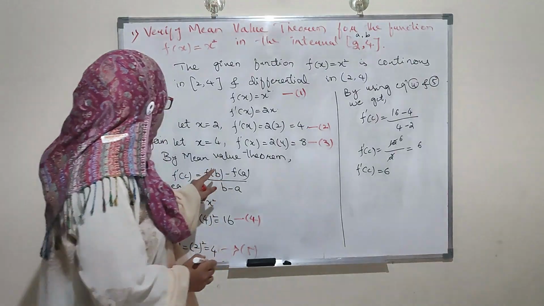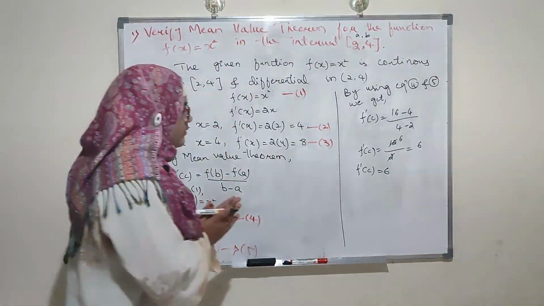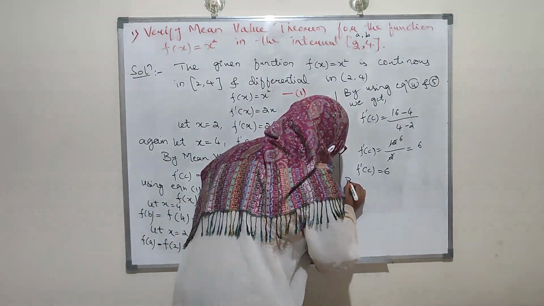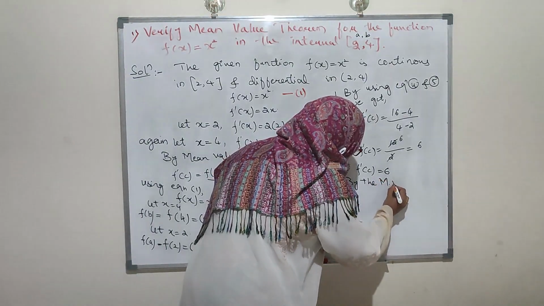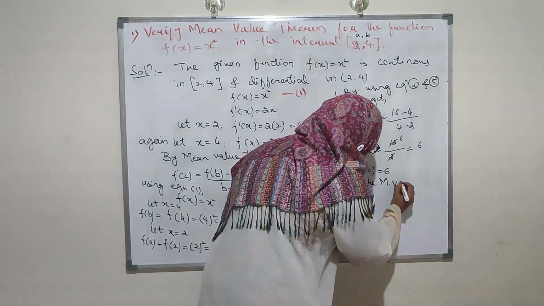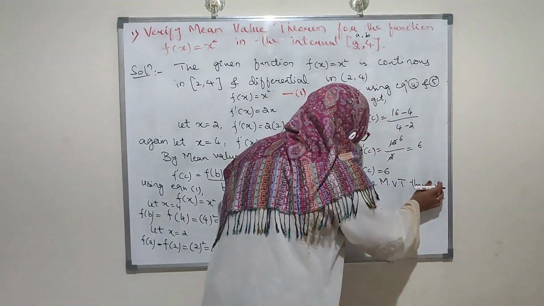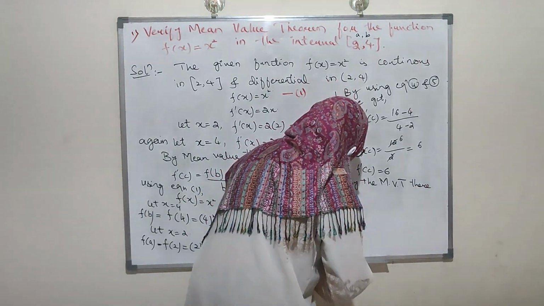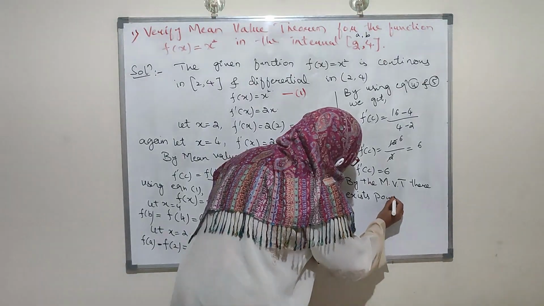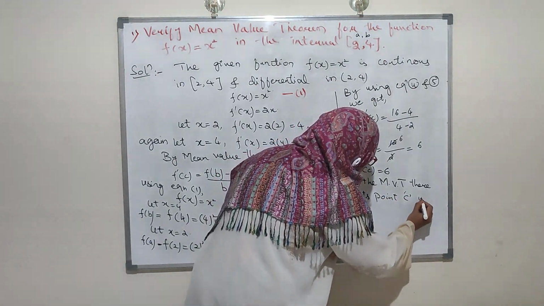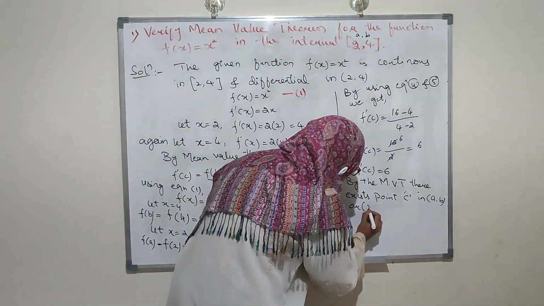So we got f dash of c by using this formula. Now according to the mean value theorem, there exists a point c in a comma b, and here we have a comma b as 2 comma 4.